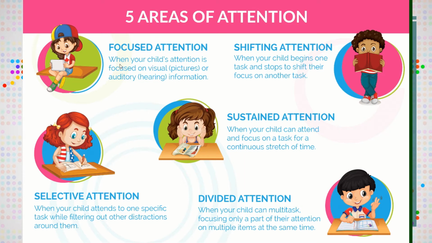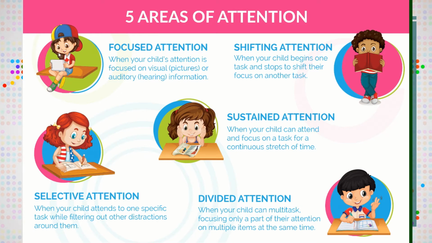You can read here: when your child's attention is focused on visual pictures or auditory hearing information. It means your child stays focused on only one point, either on the image or on what he or she is listening to.